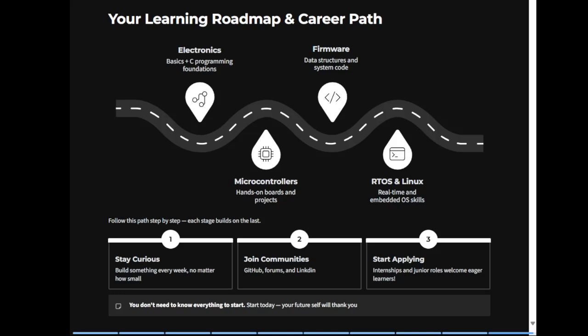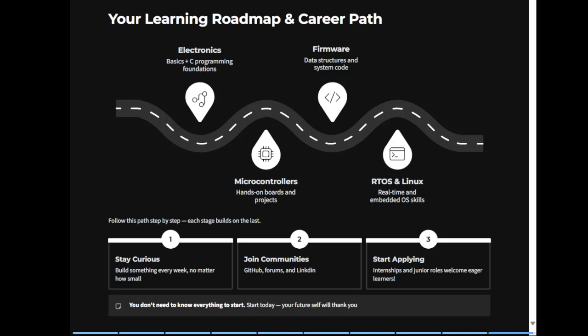First of all, you have to learn C, then microcontrollers, STM32, ESP32. Then you have to learn the operating system, Linux, Internet of Things, and lastly RTOS. After all this learning, you have to make a small or big project.